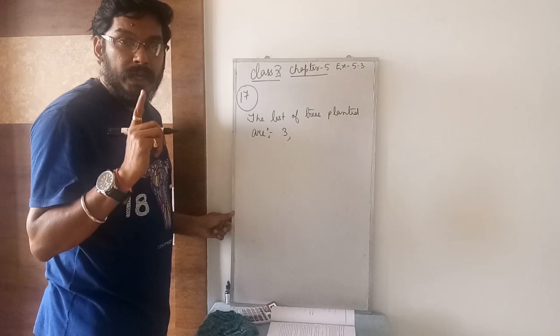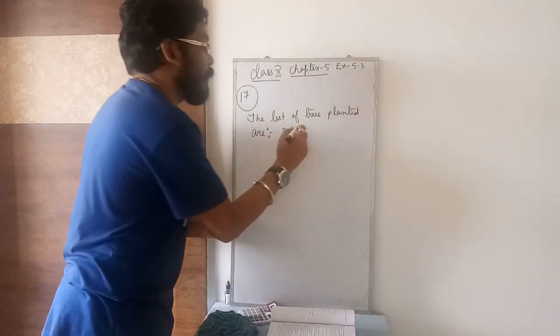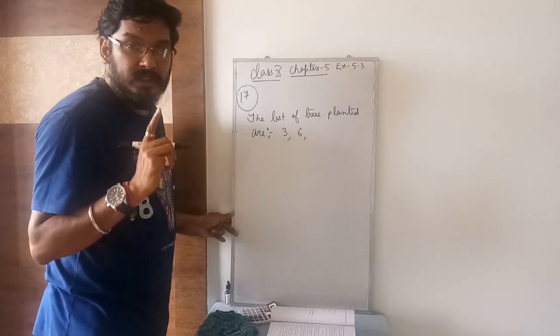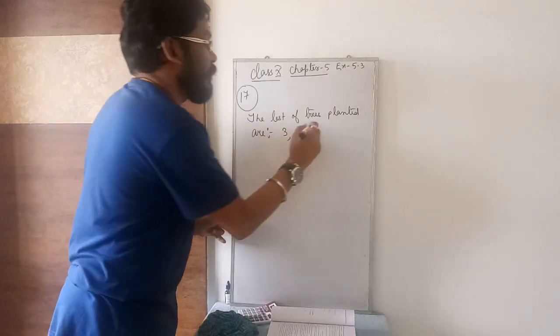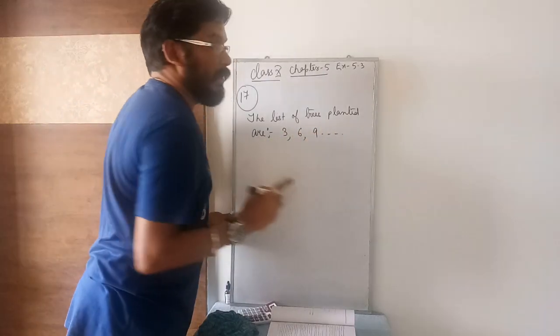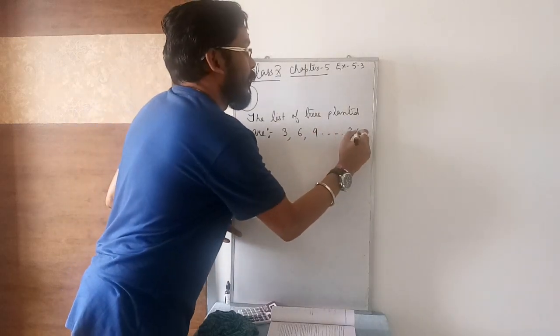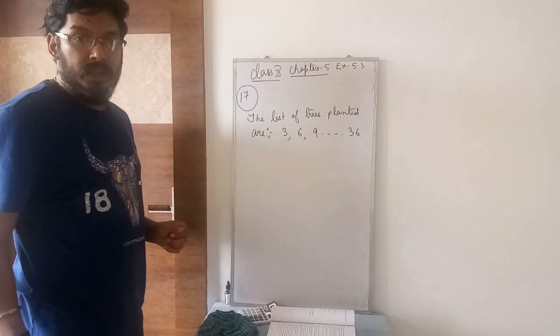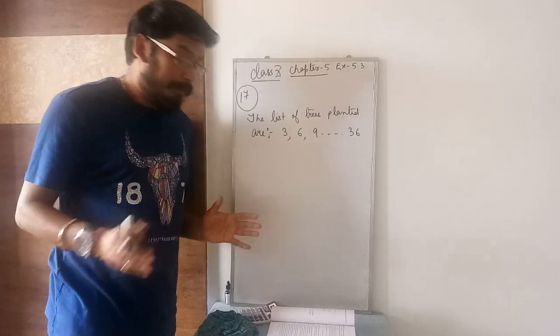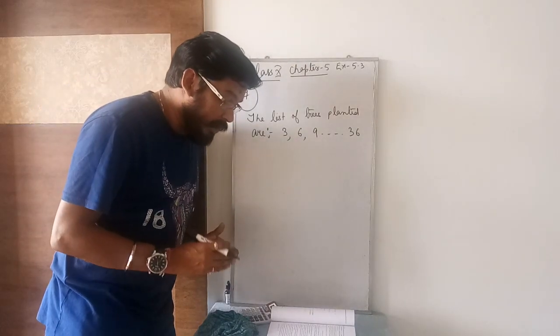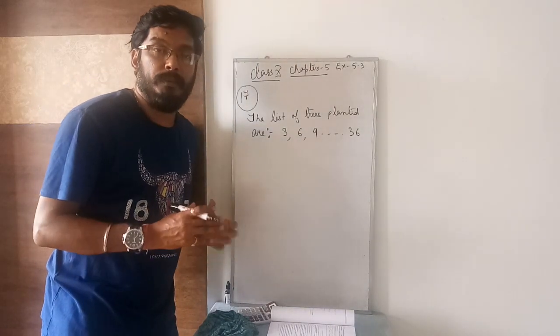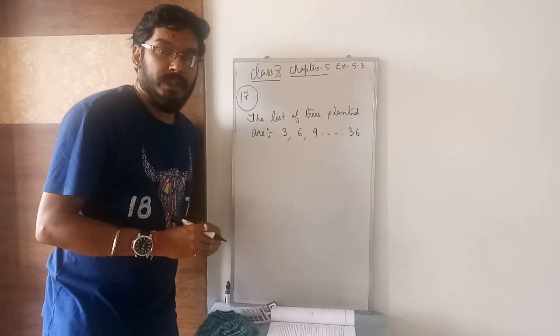Class 2, 2 plants. How many sections? 3. 3 twos are 6. Class 3, 3 plants, 3 sections. 3 threes are 9. And class 12, 12 plants. 3 twelves are 36. So these are the plants. Now I have to find the total number of plants planted. Find how many trees will be planted by the students, means total number of trees planted by the students.